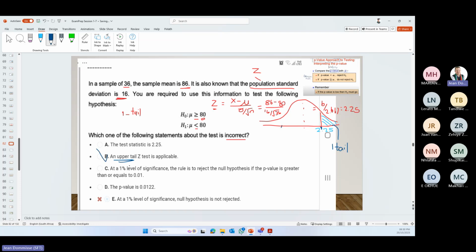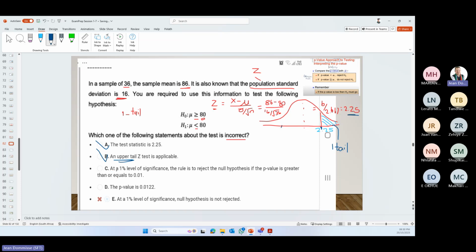Correct. They could have said upper one tail, but because it only goes to one side, upper tail is fine to ask in the question. We worked out the test statistic was 2,25.